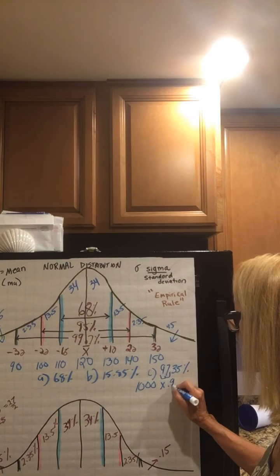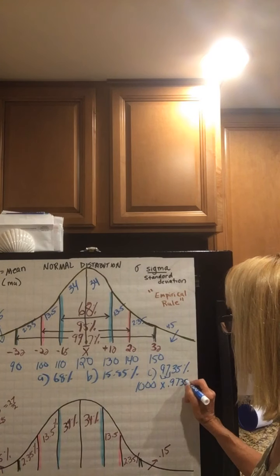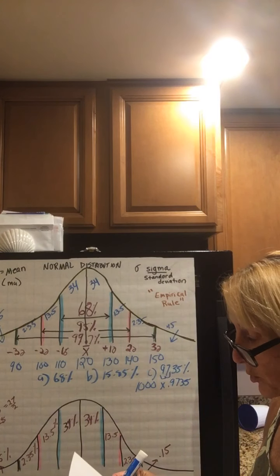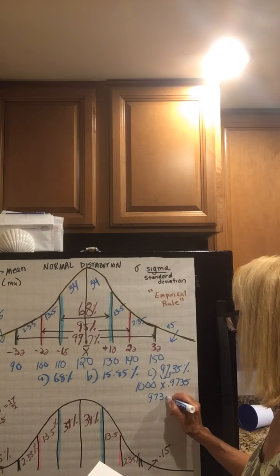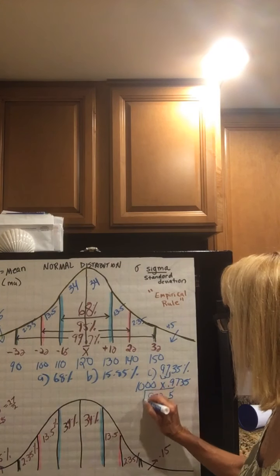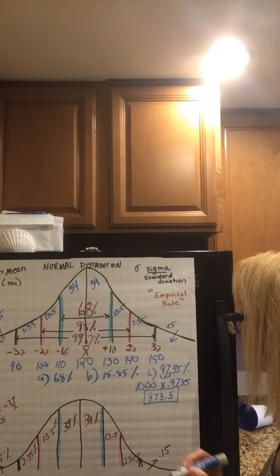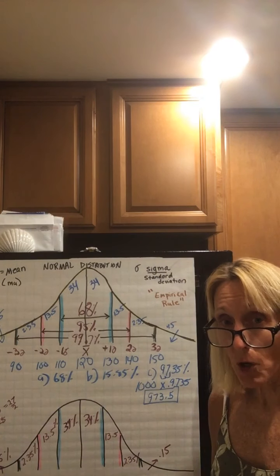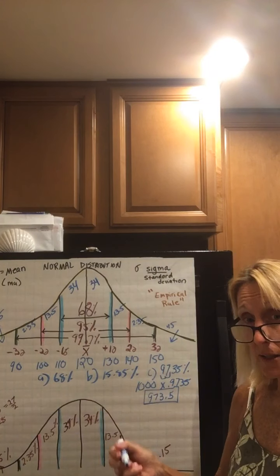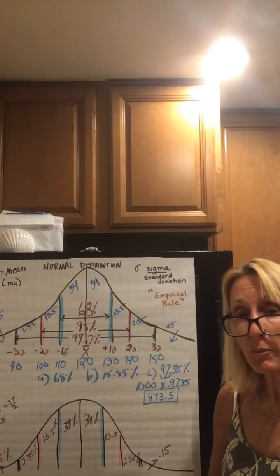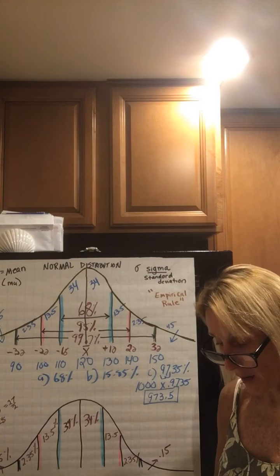So 0.9735 equals 973.5. If it says to round to the nearest whole number, round to the nearest whole number, but this one isn't specific. So if it says percent, like on A and B, you would be done. If it says how many, you have to multiply it by how many values you have.